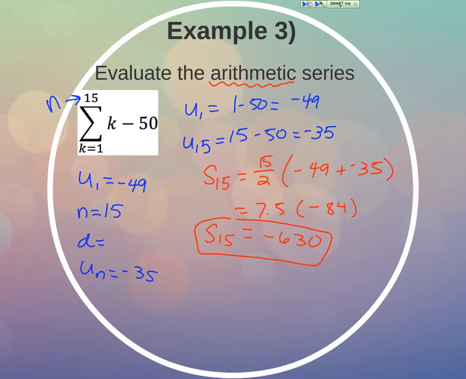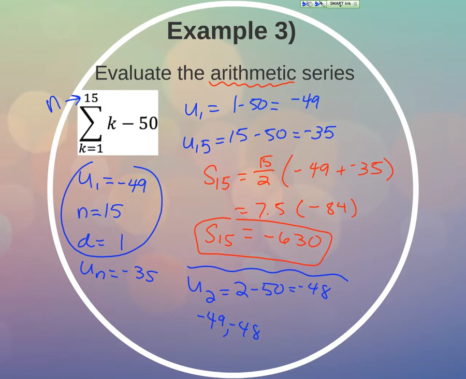So just for those people that might be secretly long formula people, what you could do then is figure out the second term by plugging in 2. So 2 minus 50 is negative 48, and you can think about it. Okay, I've got negative 49, negative 48, so what's the common difference? Adding 1, and then you could use these 3 with the long formula if that's the way you want to go.